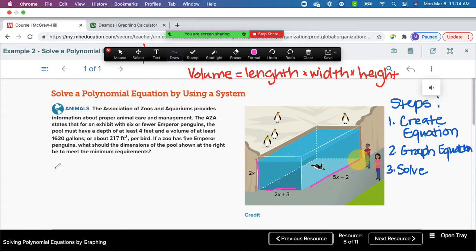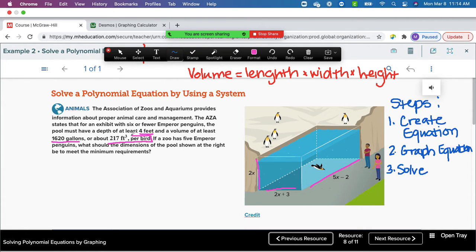And then the volume, they tell us that right here. It's 4 feet is the depth, and the volume has to be at least 1,620 gallons. So we could use that, or we can use the or part, which they tell us 217 feet cubed per bird.